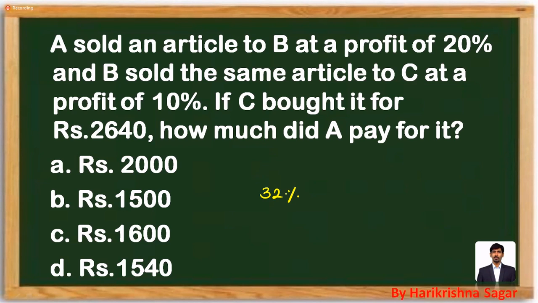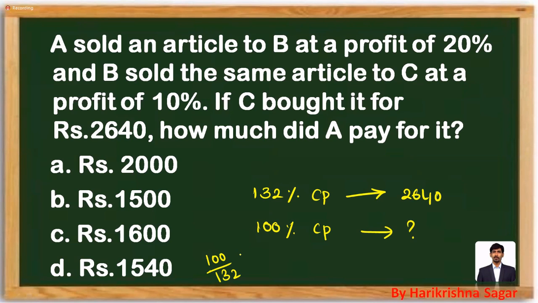After increasing 32%, the price will be 132% of the actual cost price. That is equal to 2640. Then they are asking what is the actual cost price. Actual cost price will be equal to how much? So I can say 100 divided by 132 into 2640. 132 into 2, overall your answer choice is 2000.